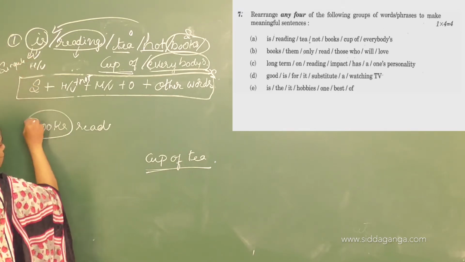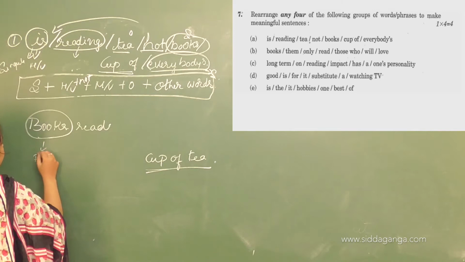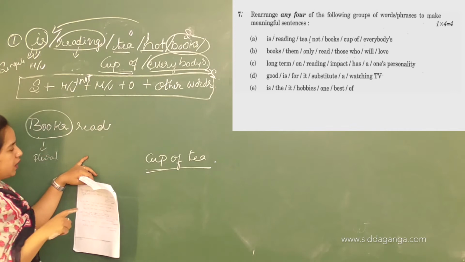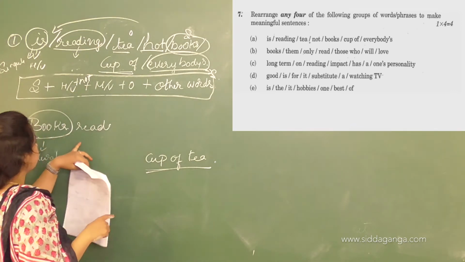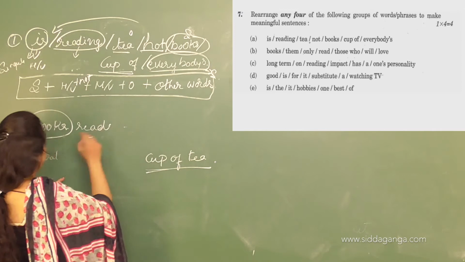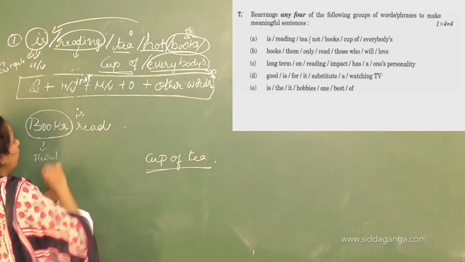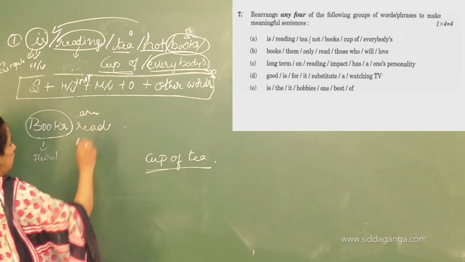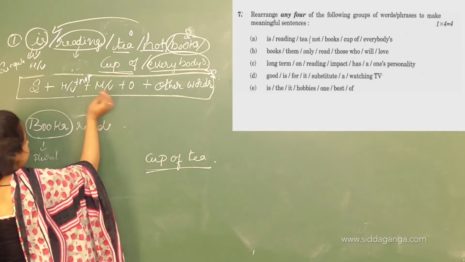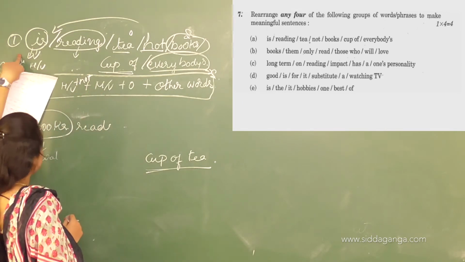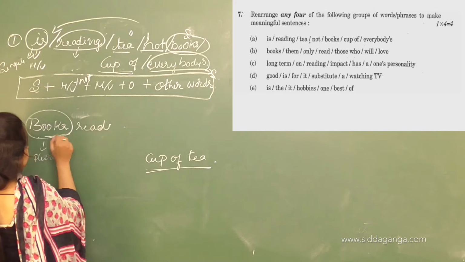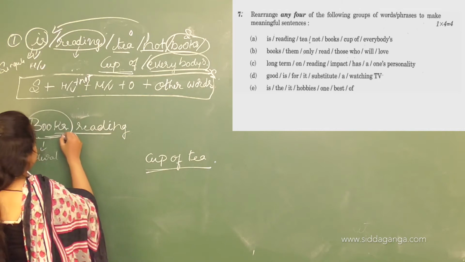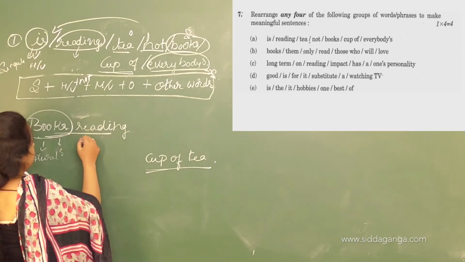But books is in plural form, so we can't use books is. We can use reading is, but we can't use books is. If we use the plural, then we have to use are, books are. But we only have is, so it's better to join these two words as a whole, that is books reading, and take this as the subject.